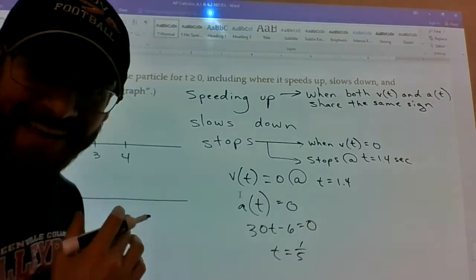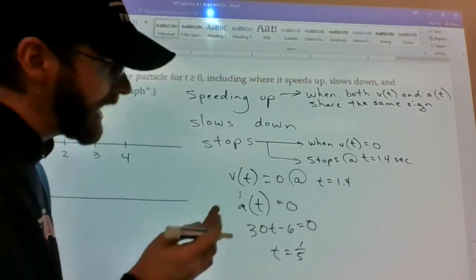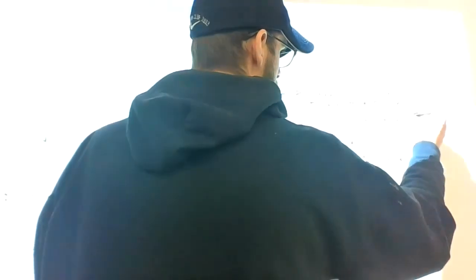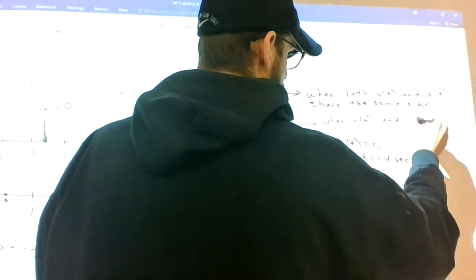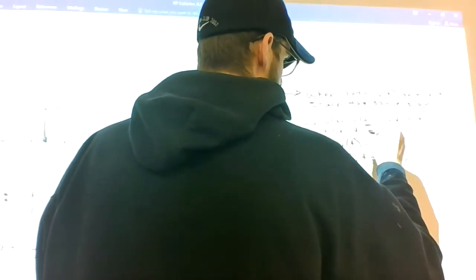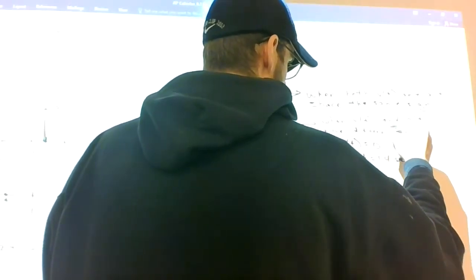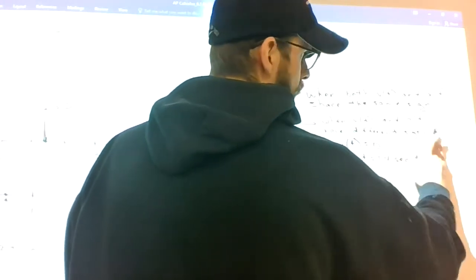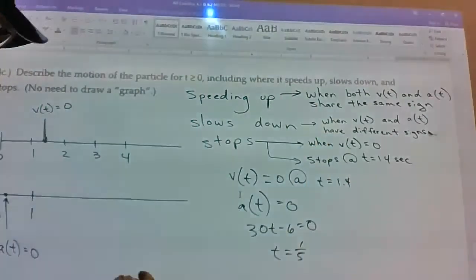When velocity and acceleration have different signs, they slow down.